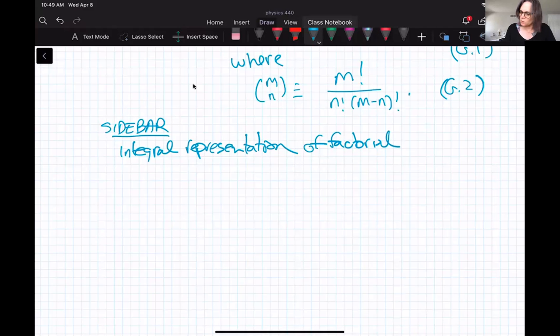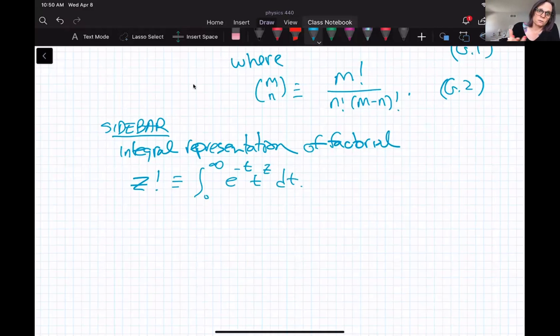You can represent this in the general case where z is a complex number. This factorial would be represented as the integral from 0 to infinity of e to the minus t times t to the z dt.